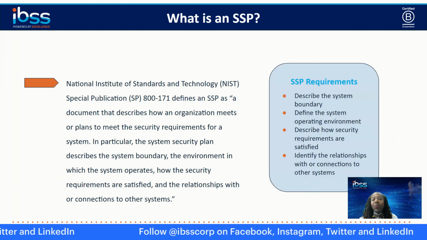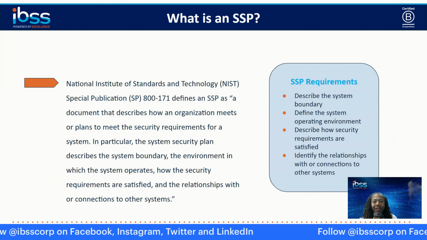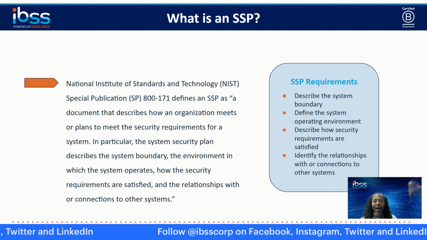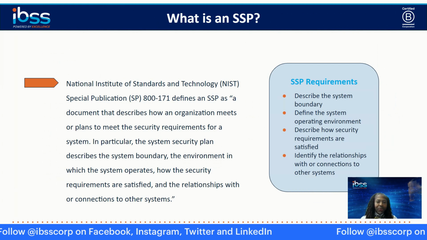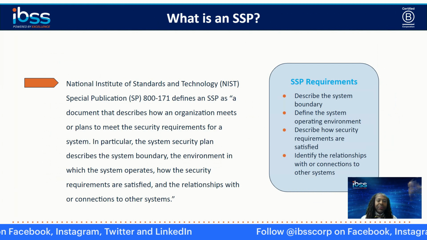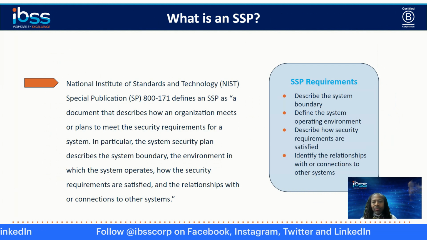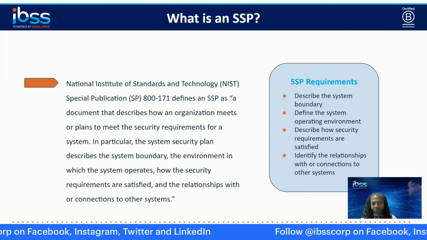Now, the key takeaways from this definition are that the SSP describes the system boundary. The system boundary includes all of those IT components that are part of the system. That will be your servers, your workstations, your routers, switches, anything that stores, processes, or transmits controlled unclassified information in your environment.